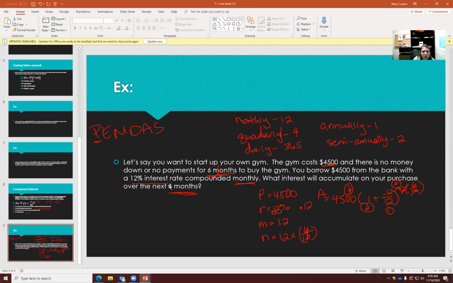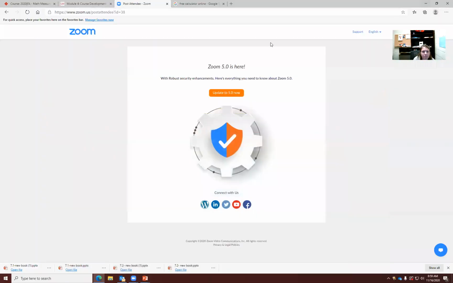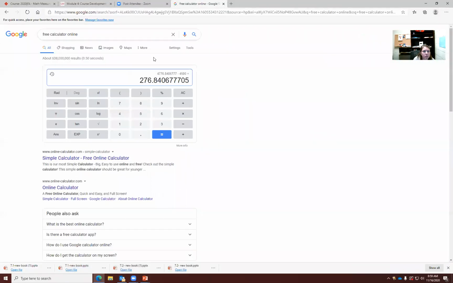All right, so I'm going to pull up a calculator real quick. So it was 0.12 divided by 12 plus 1. And you guys see this x to the y? That means raising it to a power, so we're raising it to the 6th power. You get this.